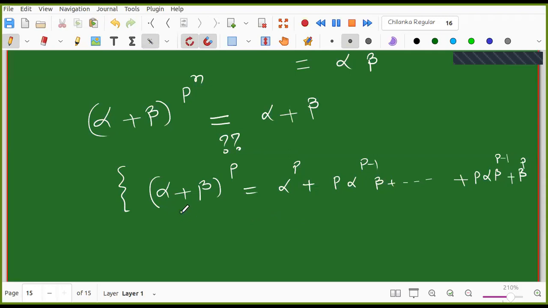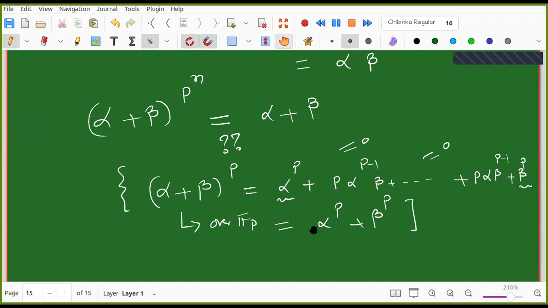But we are working over F_p. In this field, what is the characteristic? The characteristic is p. What happens to these terms? All of these are equal to 0. Only the first and last terms will be left. So it is equal to alpha^p plus beta^p, right? Is it okay?